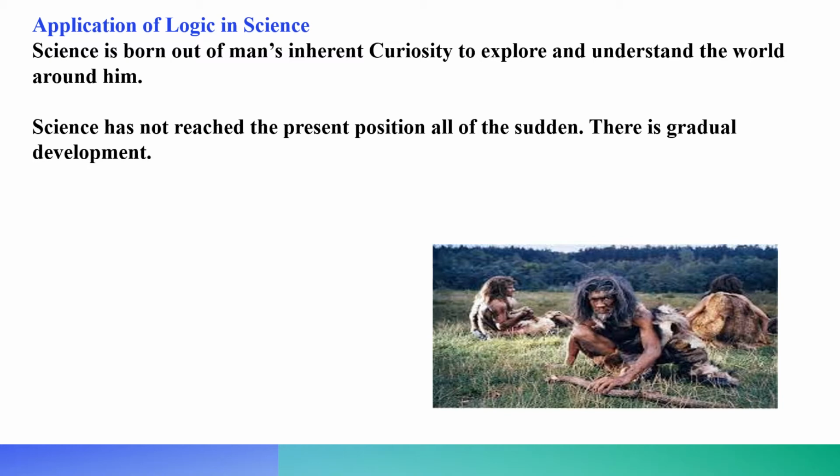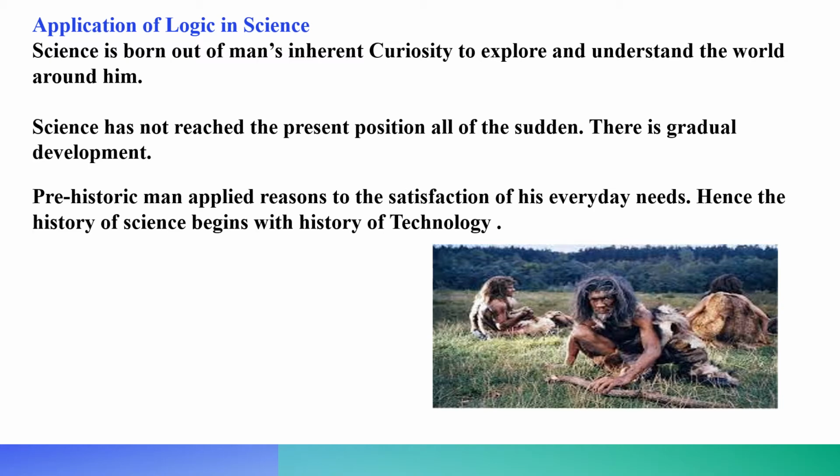Though this is an imperfect attempt to deduce the general laws, yet the approach is that of science because it involves reasons. Prehistoric man applied reasons to the satisfaction of his everyday needs. Hence, the history of science begins with the history of technology, that is, observation.